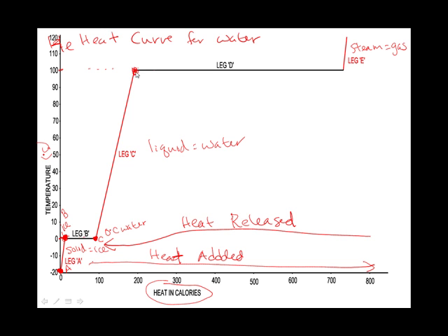When enough energy is added and it reaches point D, where we have 100 degrees Celsius liquid water, the energy thereafter is used to change that 100 degrees Celsius water into 100 degrees Celsius steam.